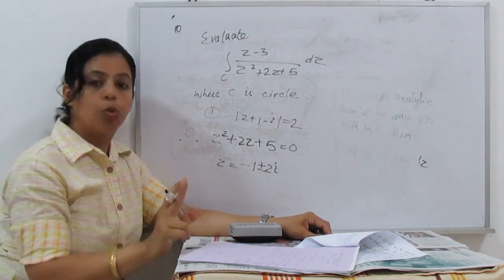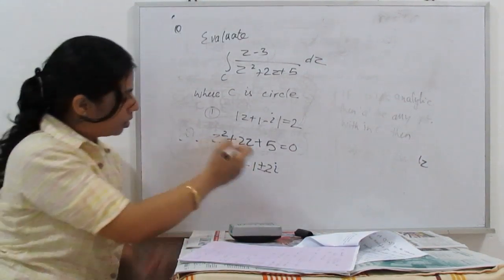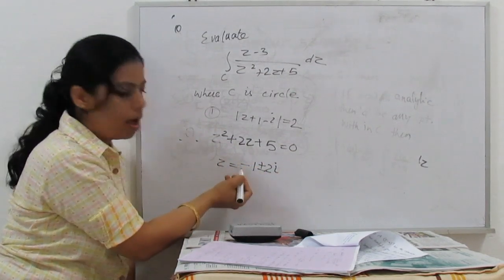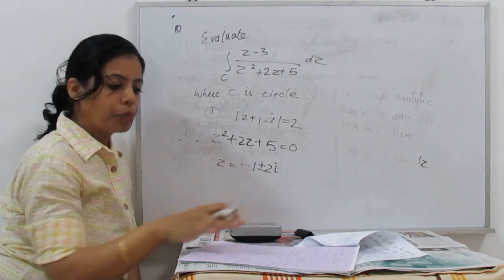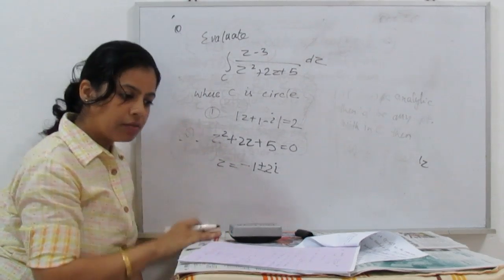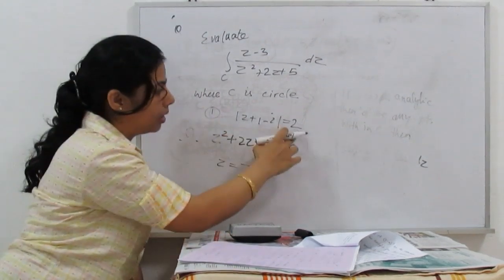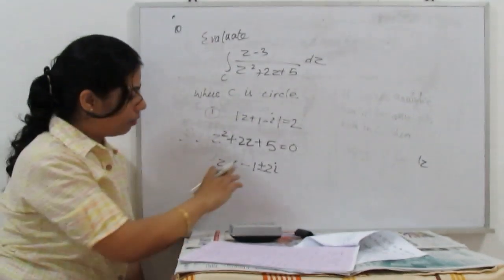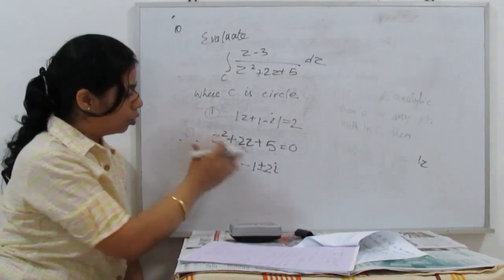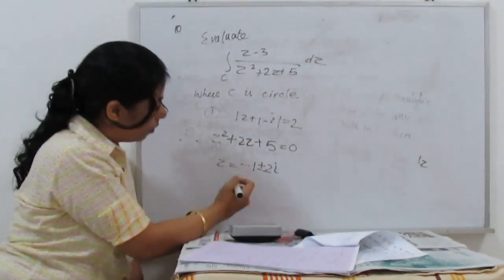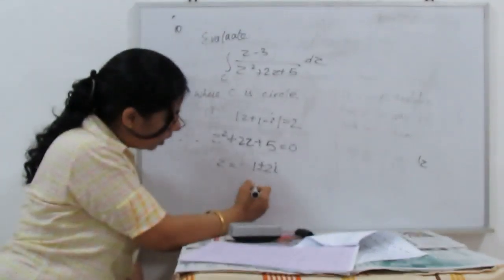So there are two poles, minus 1 plus 2i and minus 1 minus 2i. Minus 1 plus 2i lies within the circle given by this, and minus 1 minus 2i does not lie within the circle. So we consider only minus 1 plus 2i.